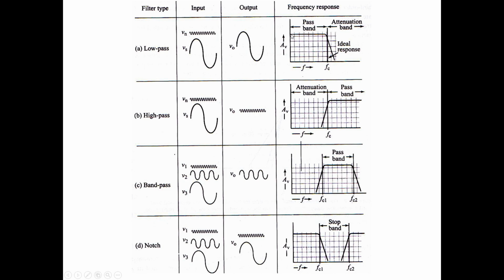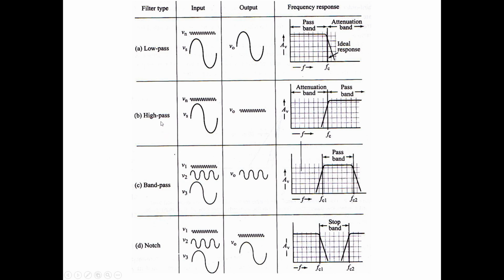This is the gain versus frequency response curve. Low frequency signals are allowed, whereas high frequency signals are attenuated. This region is called the pass band, and this region is called the attenuation band.